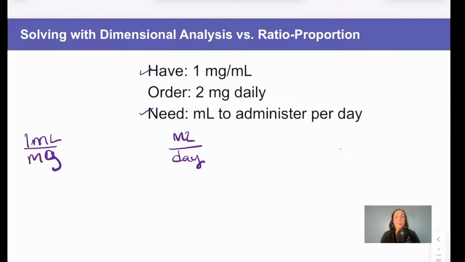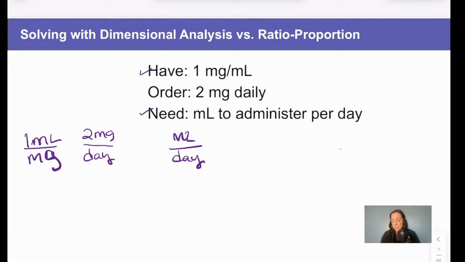Now, where am I going to put that? Am I going to put it on the top or the bottom if I need it to cancel? On these problems, we need them to be opposite to cancel. So I'm going to take my 2 milligrams and put that at the top, and that's per day. So my day is on the bottom.